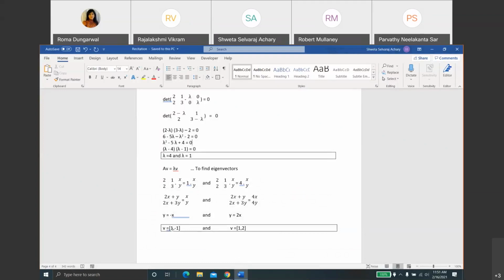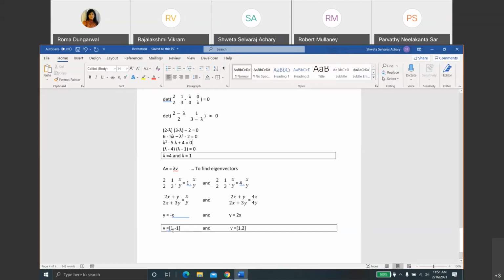Yes, so I'll tell you. Once you keep x equals 1, you'll get 1 comma minus 1. If you put x equals 2, what will happen? You will get 2 and minus 2, right? So it is just a stretch. The vector is being stretched by a factor. Remember I told you the identity, where if you change every value in a vector by some factor, its norm, its length will also change.